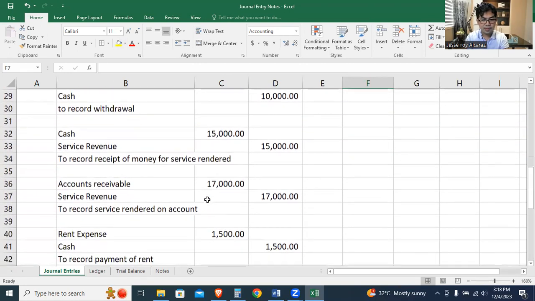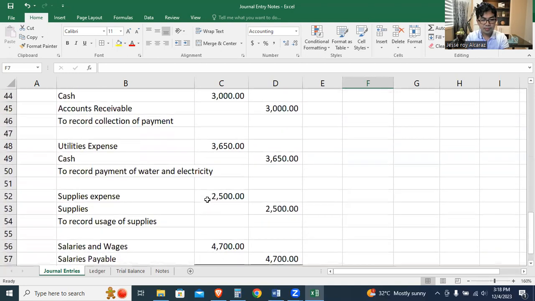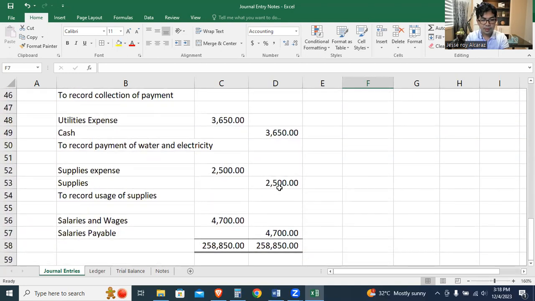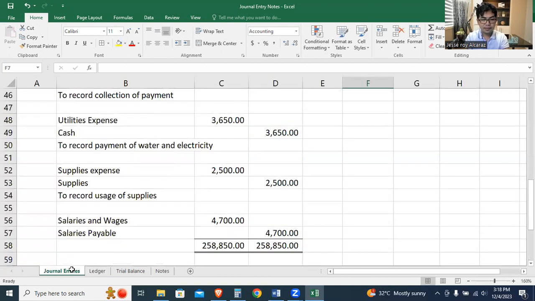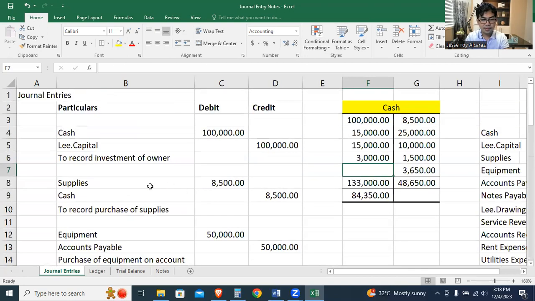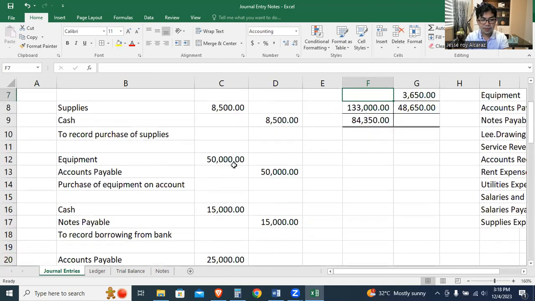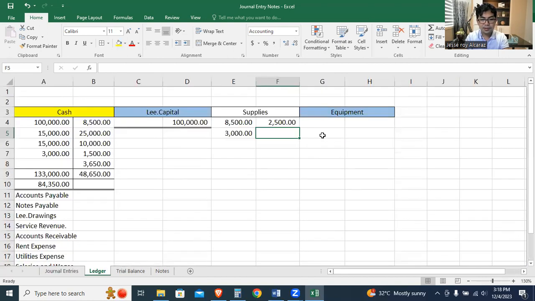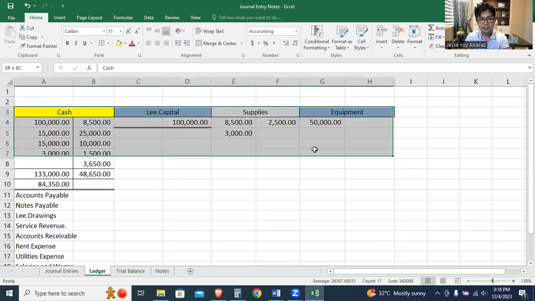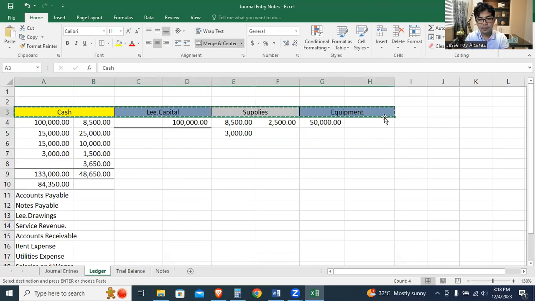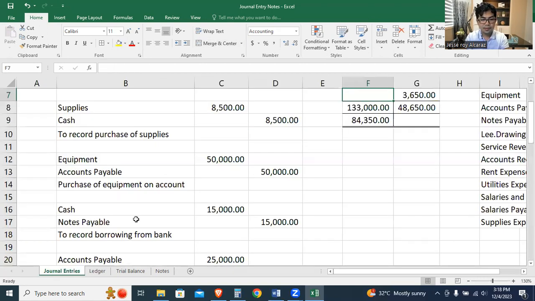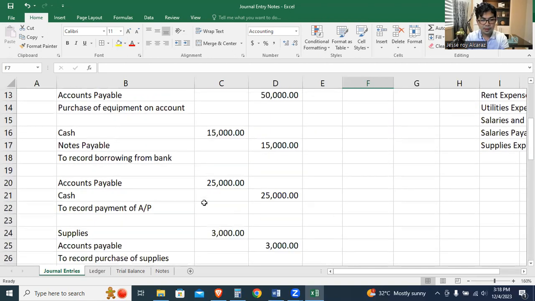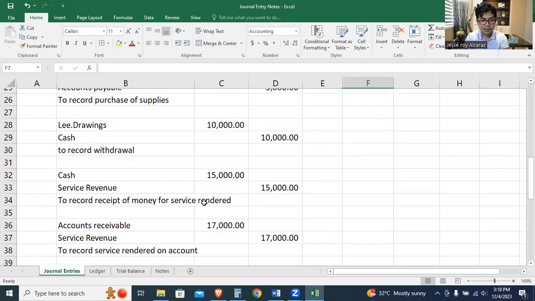Then, credit to 5. The next would be the equipment. So, equipment, 50,000 debit. Then, kabilaan equipment sa baba.